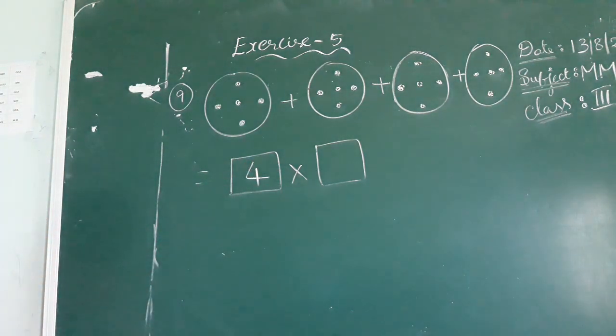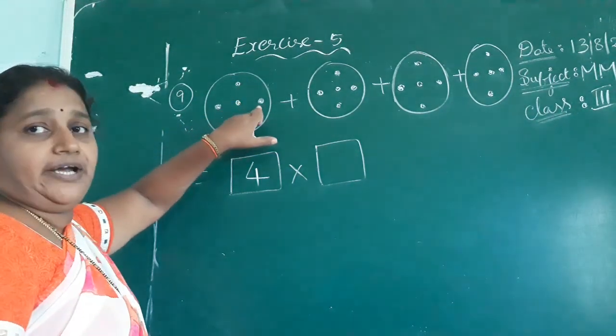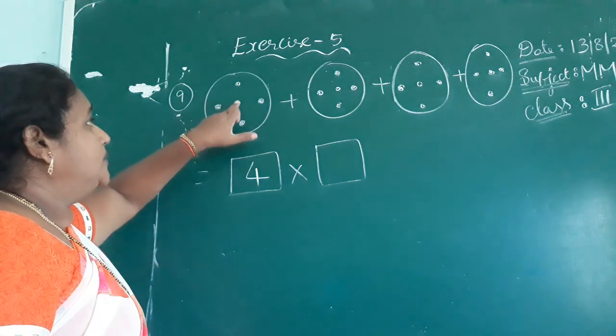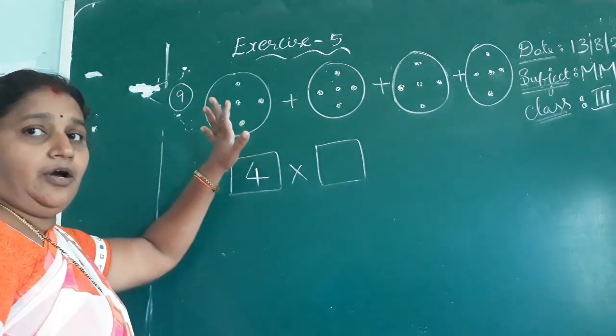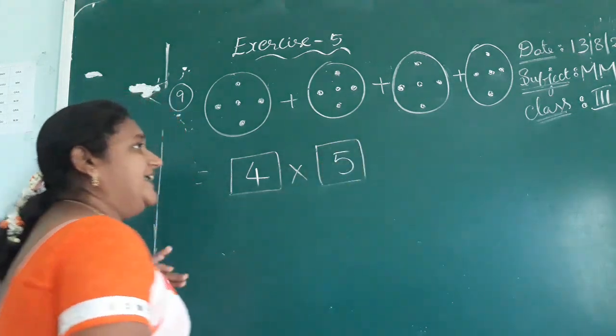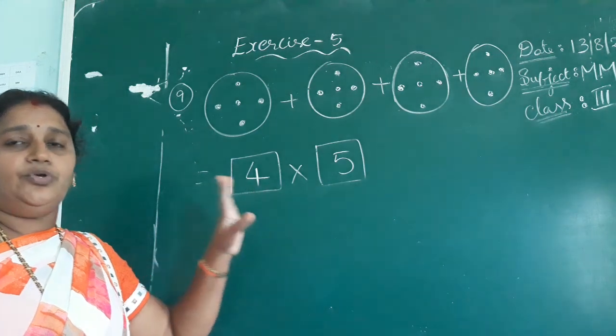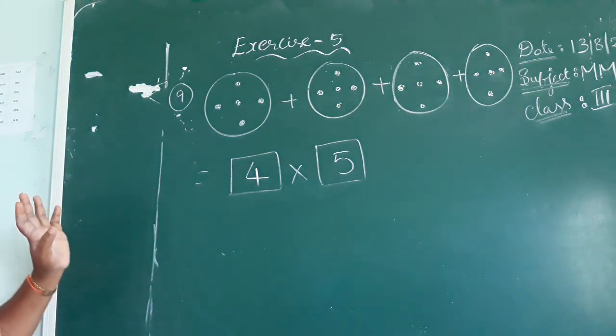In each circle, how many dots were given? 5 dots. Count those dots. 1, 2, 3, 4, 5. Only 5 dots are given. So 4 into 5. They didn't ask for the result. Like that only they gave blanks for us. You leave it like that. Okay? Next.